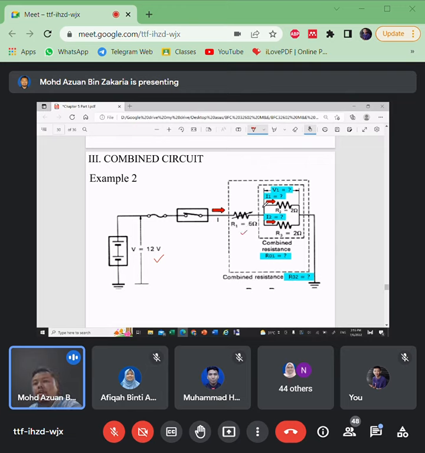And then we have resistances connected in parallel, which are R2 and R3, 2 ohm and 2 ohm. And then we also want to know the current in each branch and what is the voltage here.